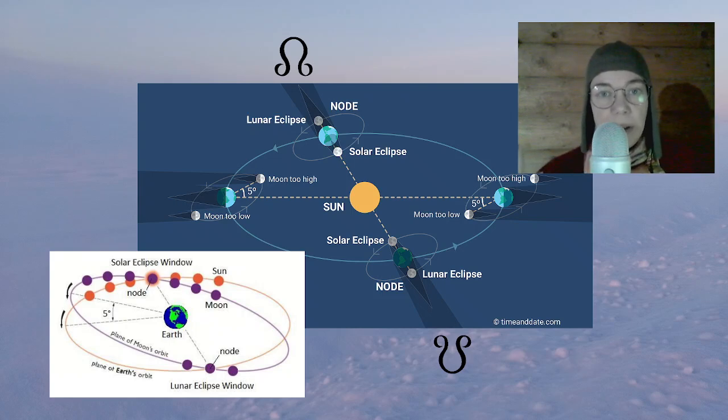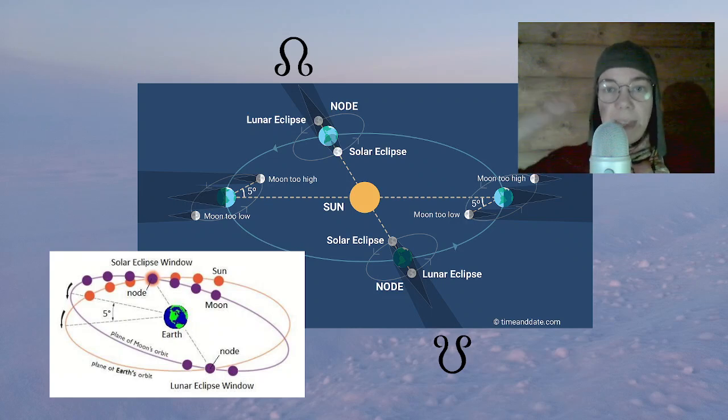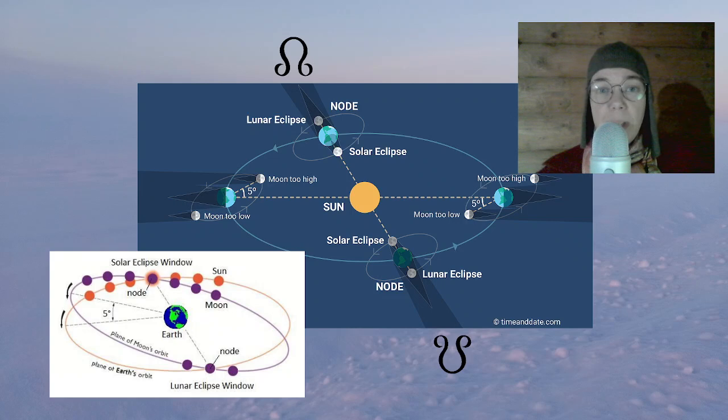because of the slight tilt of the moon's orbit. So you can see here it's a 5 degree tilted orbit around the earth. So at other times of the year, the moon is either too high in its orbit or too low in its orbit at the time of the full and new moons.